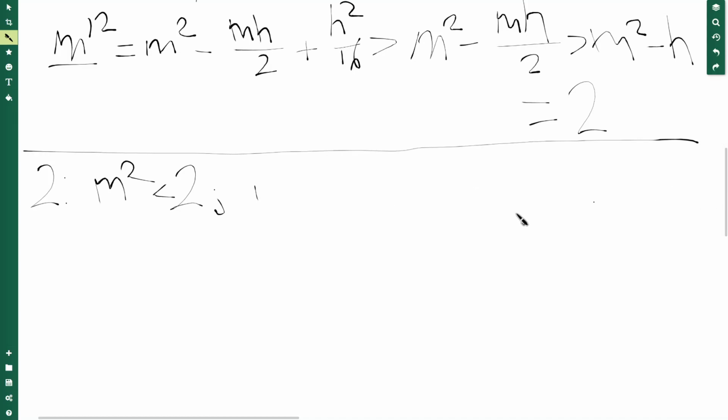So that would be a contradiction. So we want to find such an m prime.